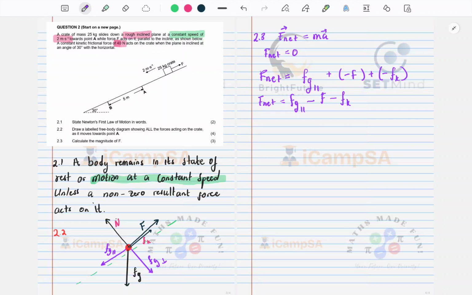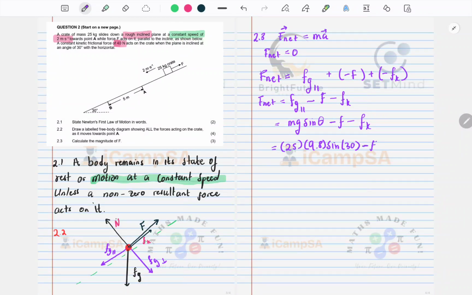So for our Fg parallel, this is going to be mg, this is our weight, sine theta, minus F minus Fk. Theta is 30 degrees, and g is 9.8, it's a constant. So we are going to have 25, which is the mass, times 9.8 sine 30.